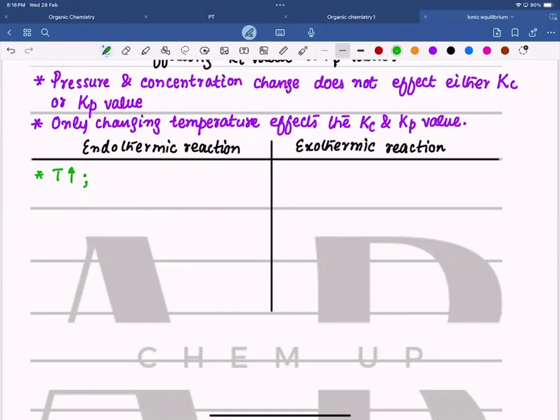So if the forward reaction is endothermic and I increase the temperature, does the equilibrium shift towards right or towards left?